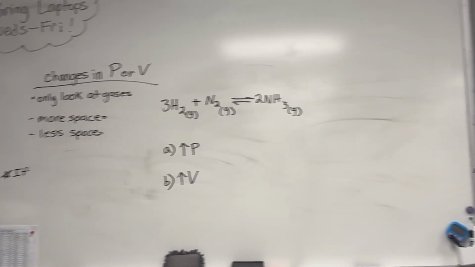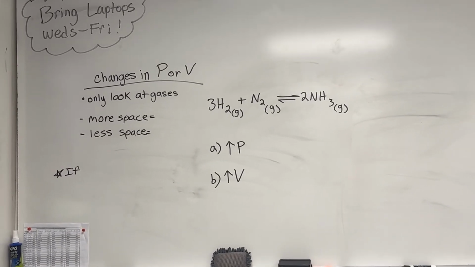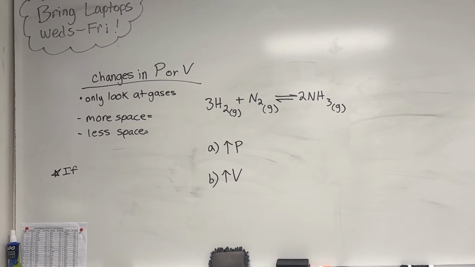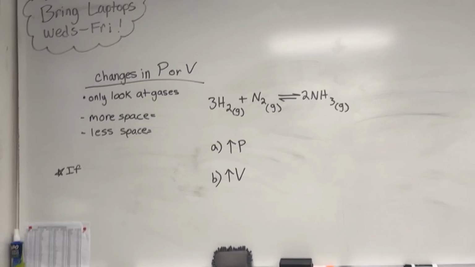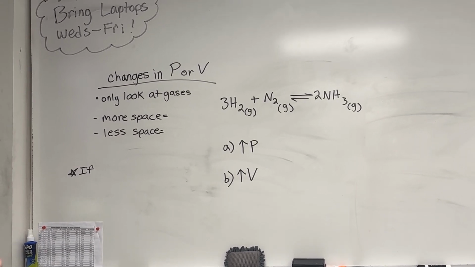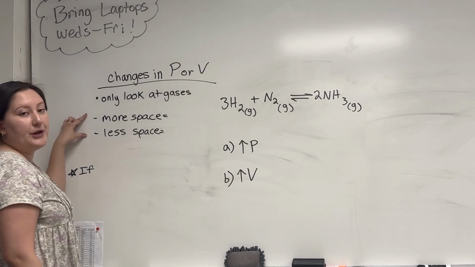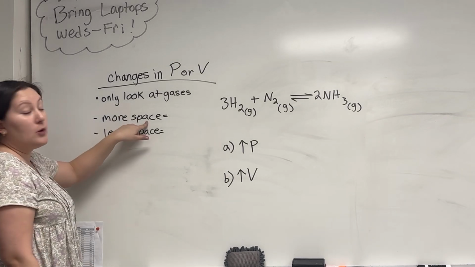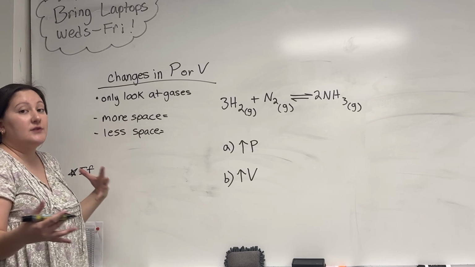Okay, our last big thing that we can do to change a system would be to change the pressure or volume. This really only pertains to gases because those are two things that affect gases rather than the aqueous stuff as much. So you are only going to look at gases for this. Okay, so for pressure and volume, this is really important. If I have more space, I can hold more stuff in it, right?